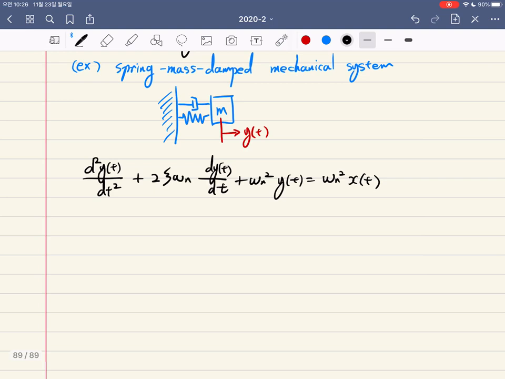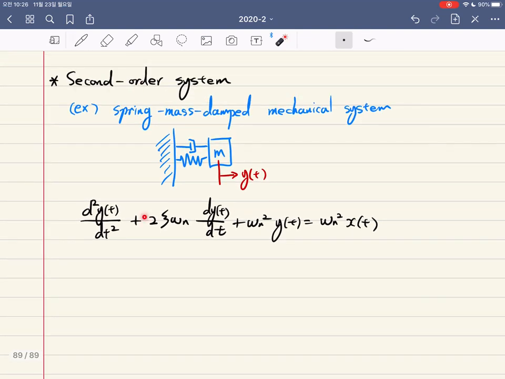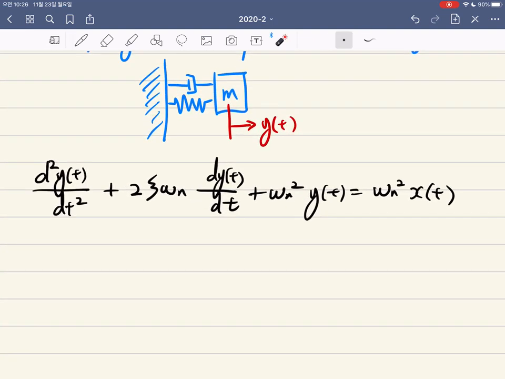Okay, so this is our standard form of the second order system in time domain, and this notation here is called zeta, which is a Greek letter. And this omega n, which frequently appears, is called omega, also a Greek letter. It's really similar to the W in the alphabet, however it's an omega.